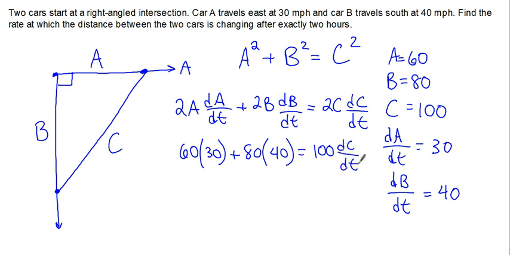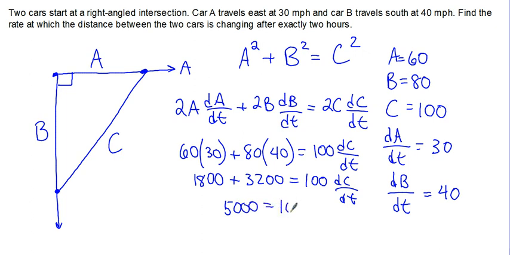So here we've got 60 times 30, which is 1800, plus 80 times 40, which is 3200. We add those together, which gives us 5,000 equals 100 dC/dt, and we divide to get that dC/dt is equal to 50 miles per hour.